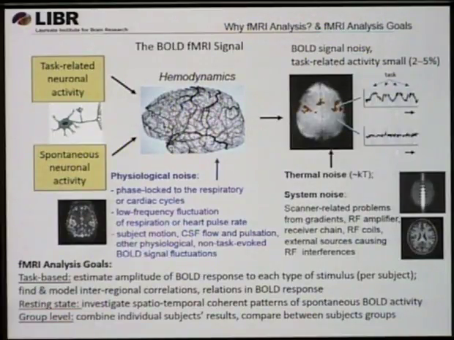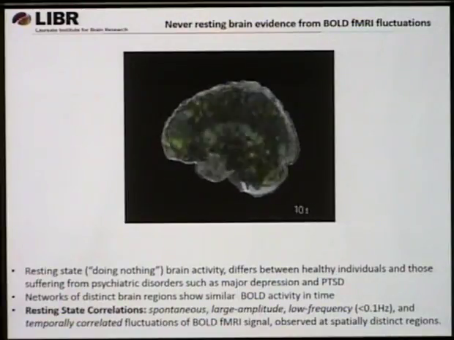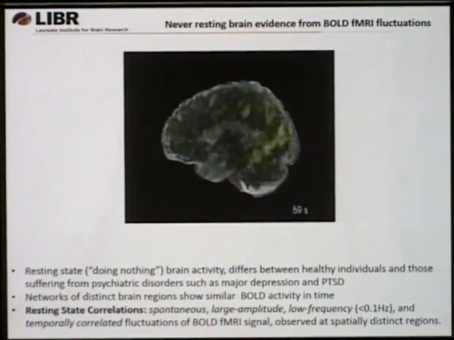So not only do we collect, for example, the fMRI signal, but we collect all the other additional information, how the subject breathes, how the heart is beating, to suppress this noise in our data. And the brain is never really silent.